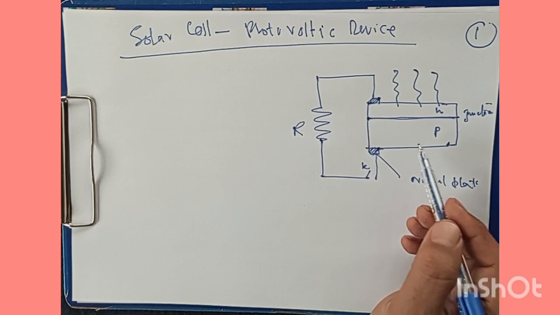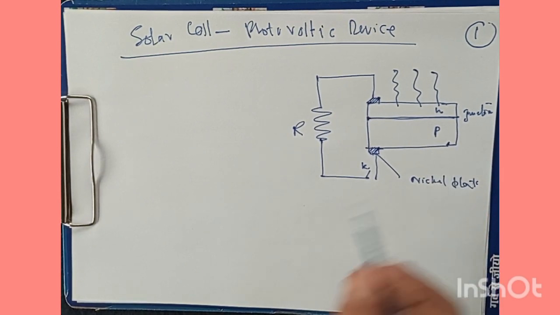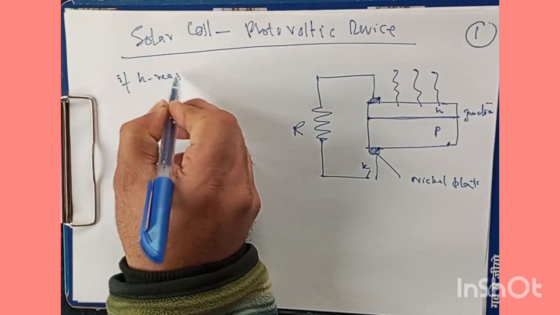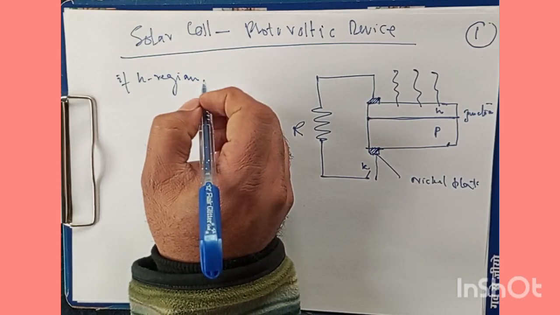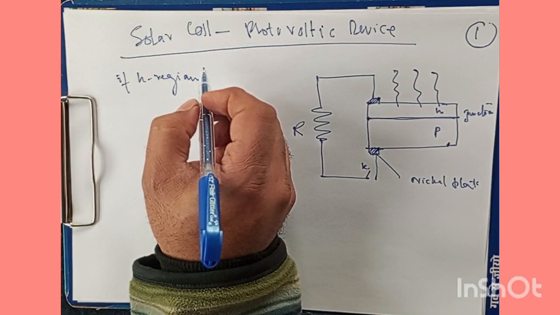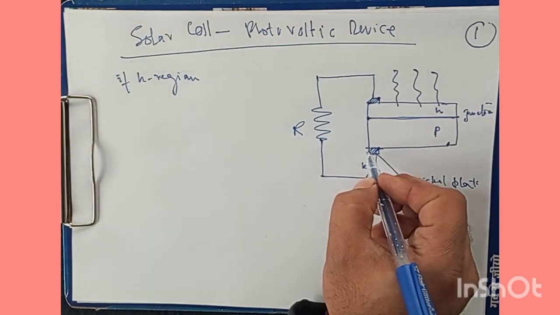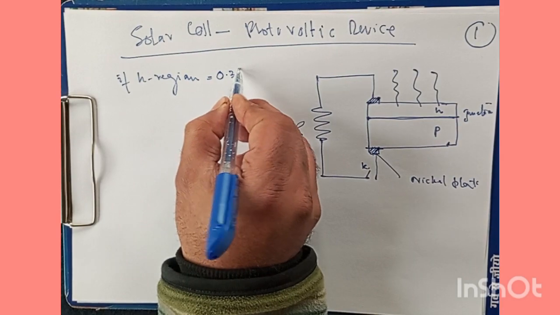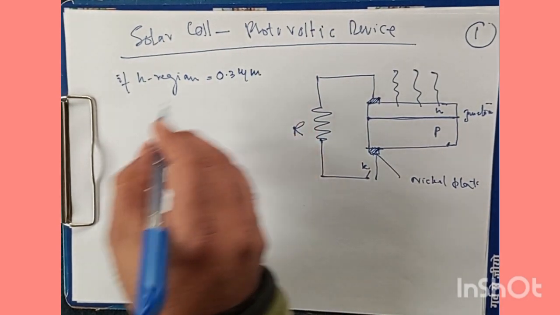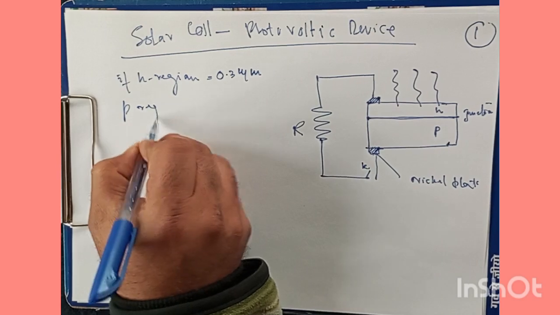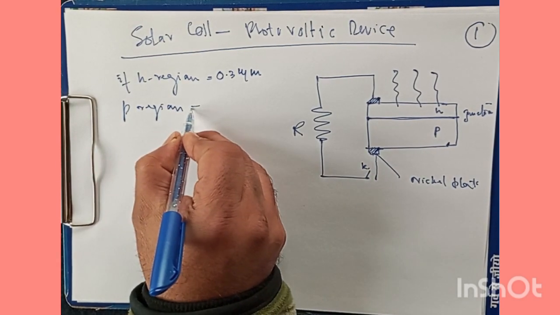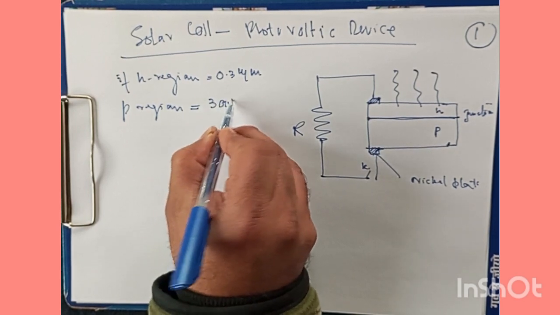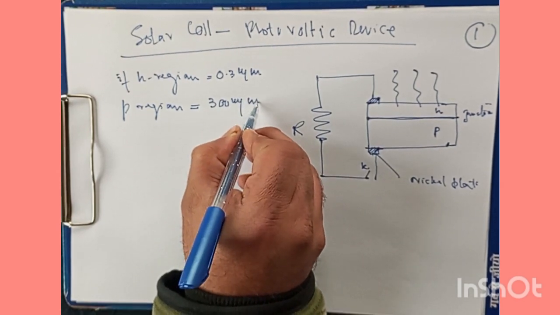Now, if I have to compare the thickness of these two regions, if N region has the breadth, I should say here, as 0.3 micrometers, then the P region must have nearly the height of 300 micrometers, right?